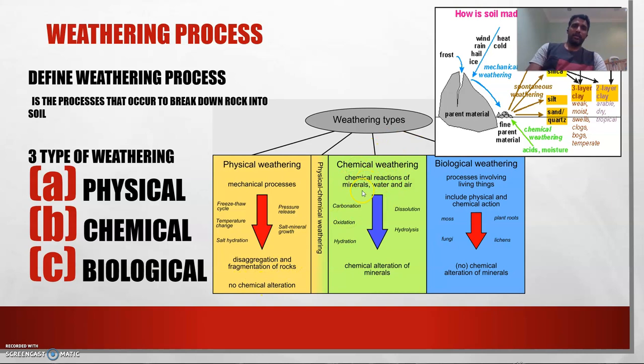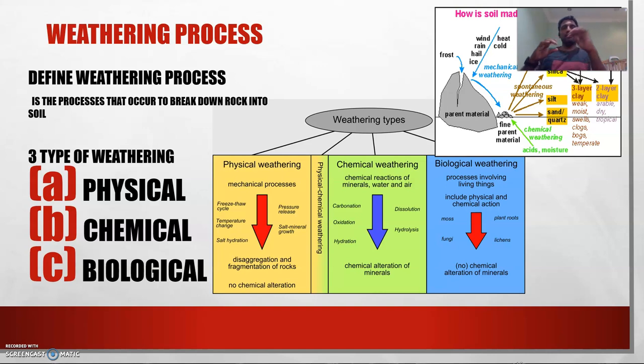But for chemical weathering, we have carbonation, which means it will release carbon at the end of the reaction. Oxidation, you will reduce oxygen. Hydration, it will release water. Dissolution means both chemicals will react and dissolve. And hydrolysis means it will remove water.